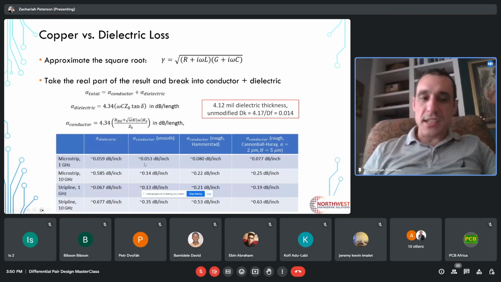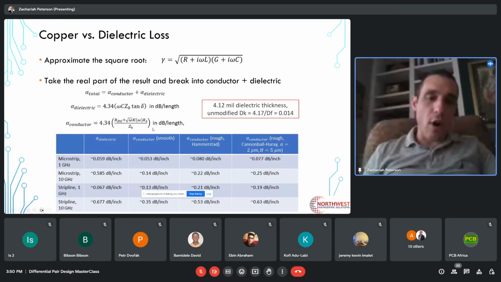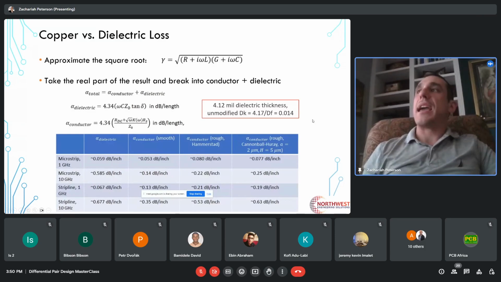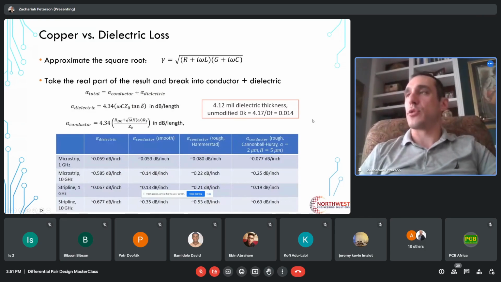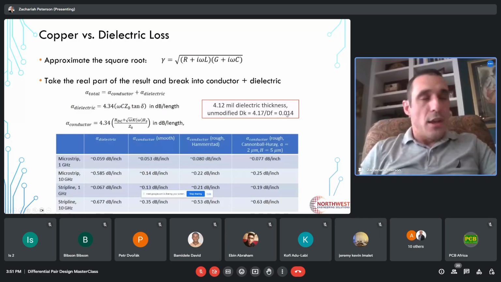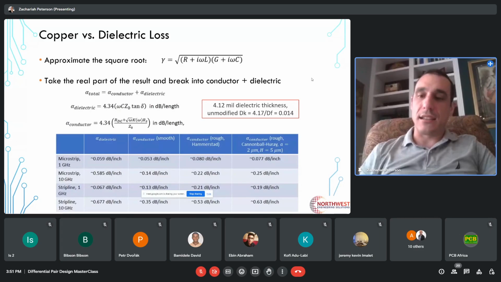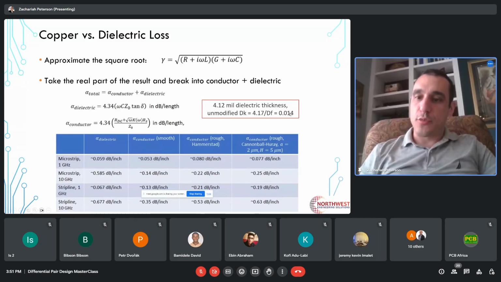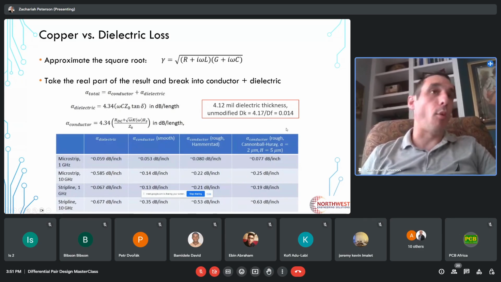Now, let's consider something for a moment. Let's suppose we are designing a very high-speed interface, but we want to use a low dielectric loss material. Low dielectric loss material could have another zero in the dissipation factor. Just as an example, you can find advanced FR4 dielectrics where the loss tangent is, for example, 0.005.